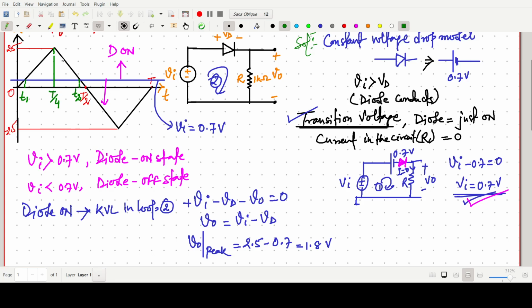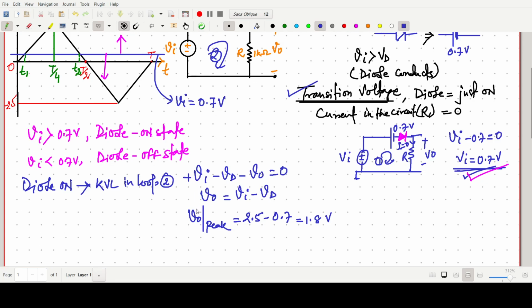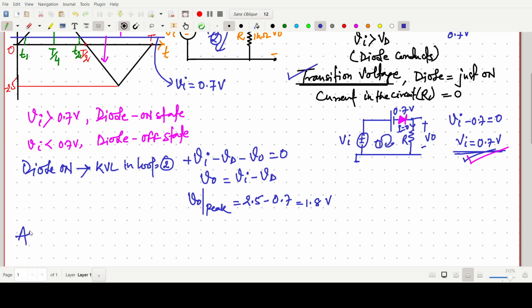Now at T equals T1, Vi is the same as Vd, that is 0.7 volt. So V naught will be Vi minus Vd. Vi is 0.7 and Vd is 0.7, so it will be 0 volt.